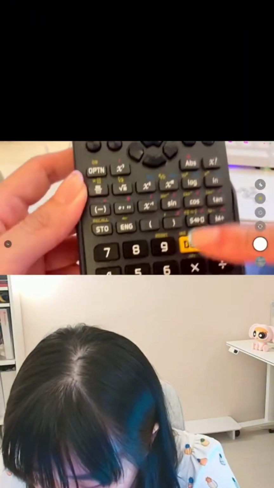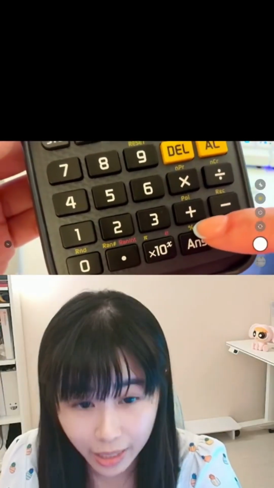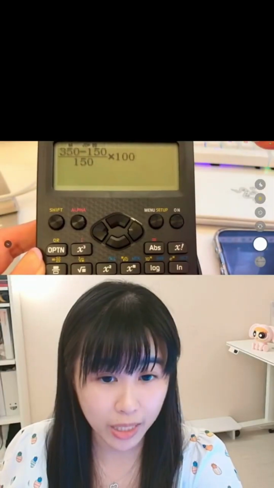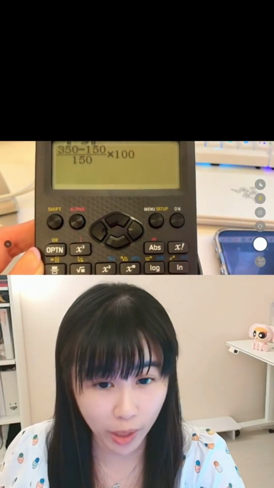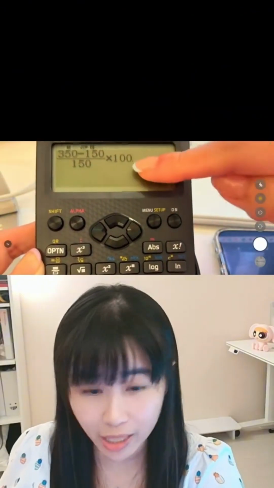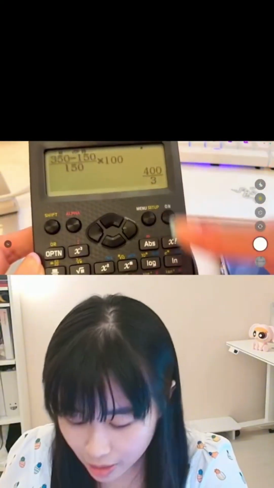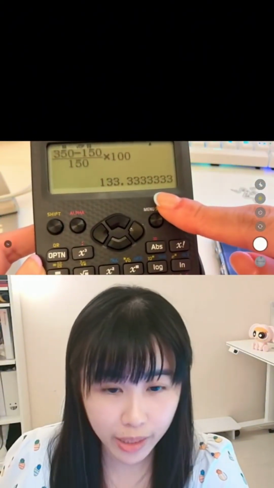Don't go and itchy hand key in the percent sign. If you key it in, then it's wrong already. You're not timesing 100%, you're timesing one whole, because 100% is 100 over 100, which becomes one whole. So you defeat the purpose of keying times 100. So you only key in like that, then you get something like this when you press SD.